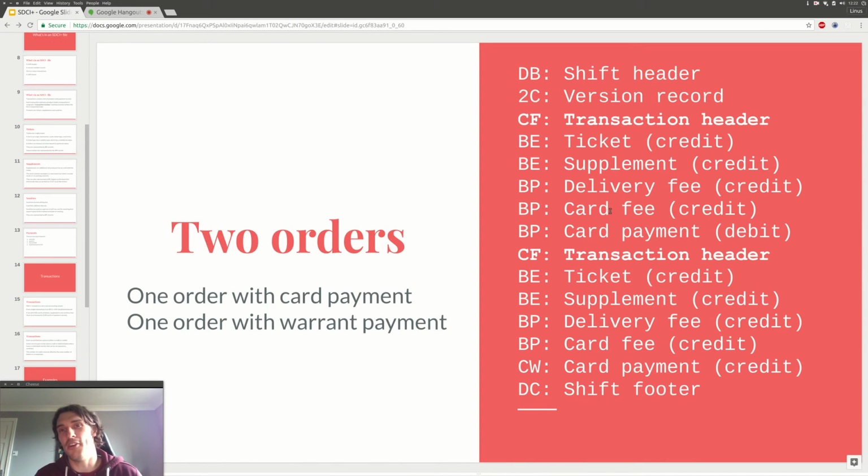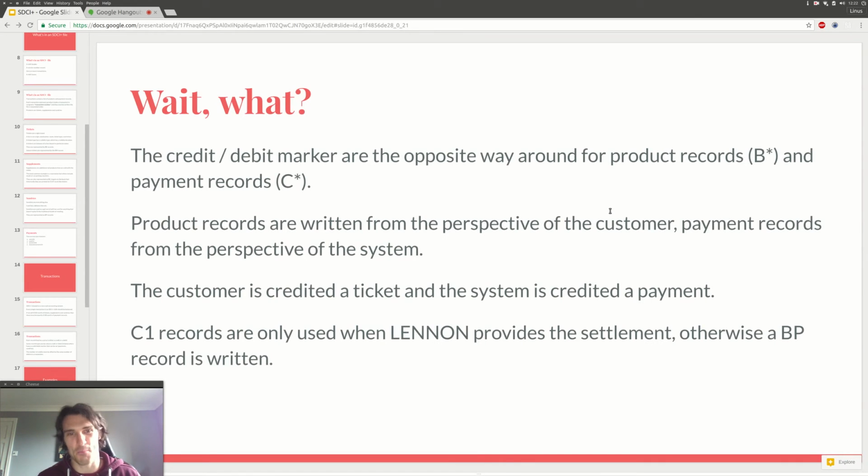So we have one payment which is a debit, and we have another which is a credit, when the reality is the money is all going the same direction to us or to the TIS. It's just that the perspective of the BP records and the C records is the other way around, so the credit and debit is opposite. So that's a slight quirk of the system, but nothing too bad.